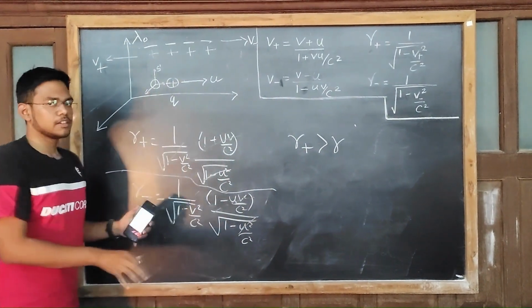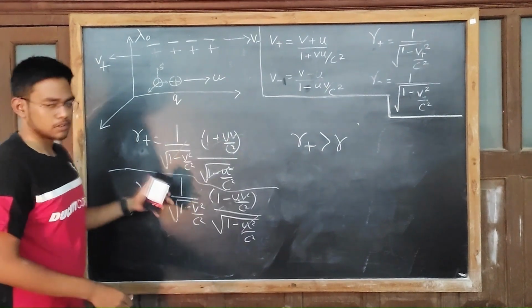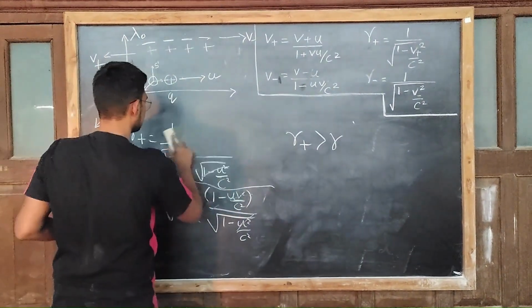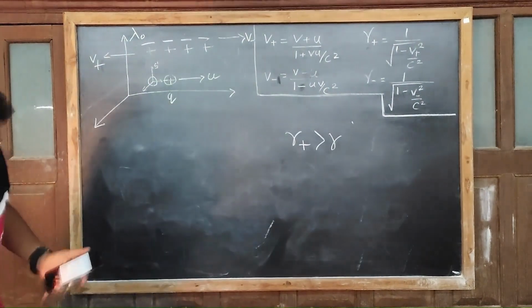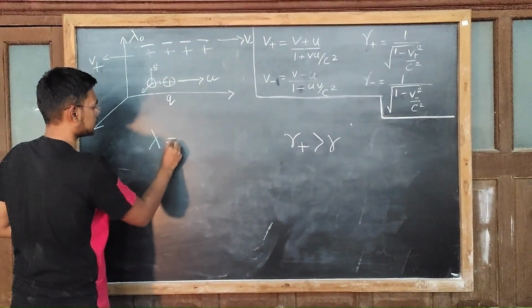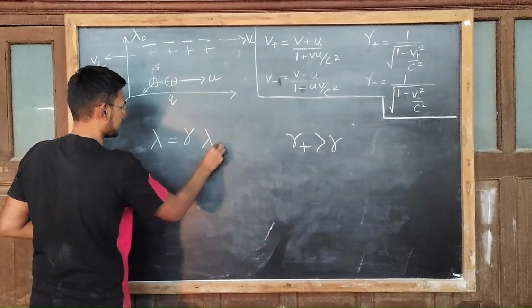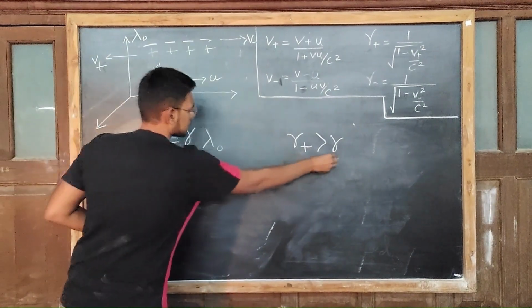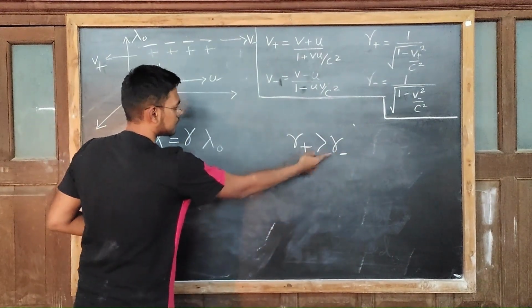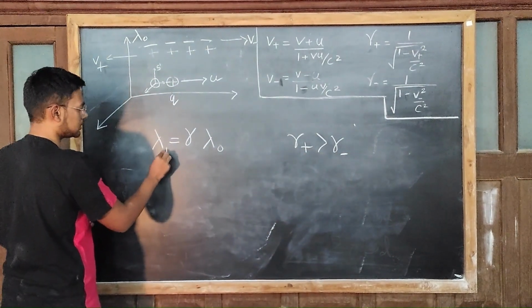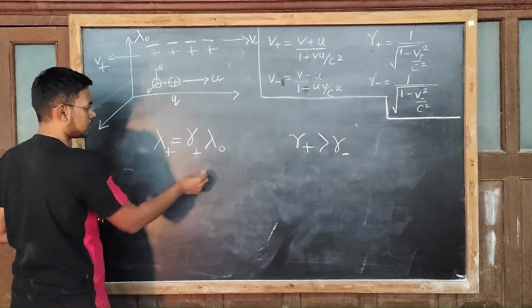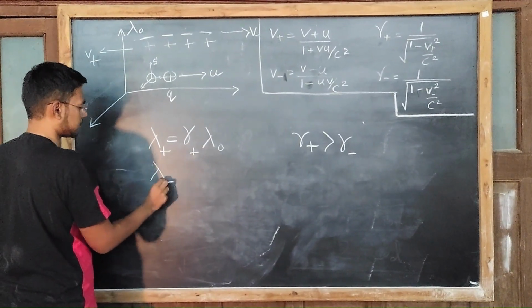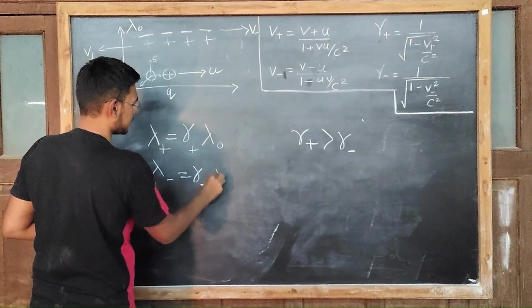We can now calculate the densities using this Lorentz factor given by the formula lambda equals gamma times lambda naught. We will just use this relation that gamma plus is greater than gamma minus. So lambda plus will be gamma plus times lambda naught, and lambda minus will be gamma minus times lambda naught.